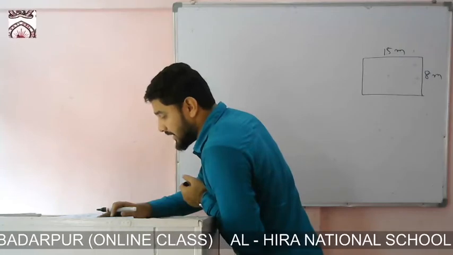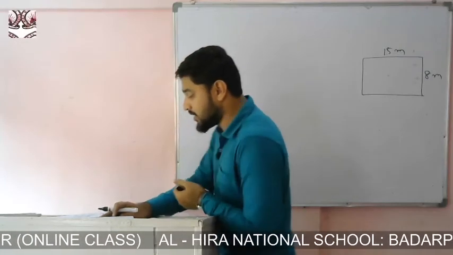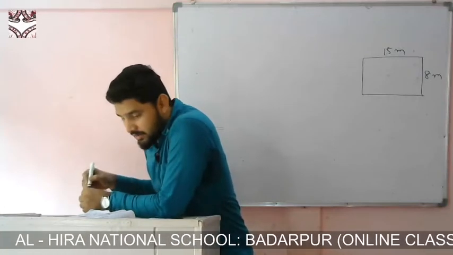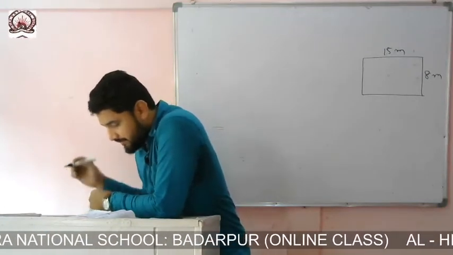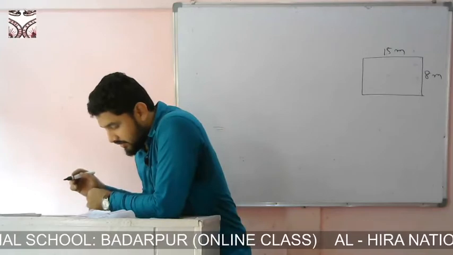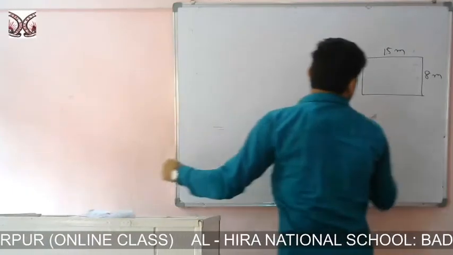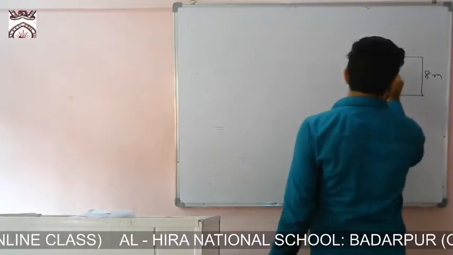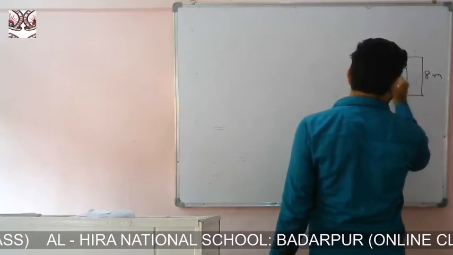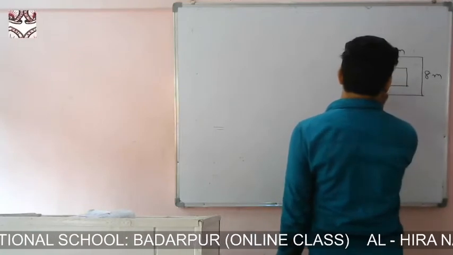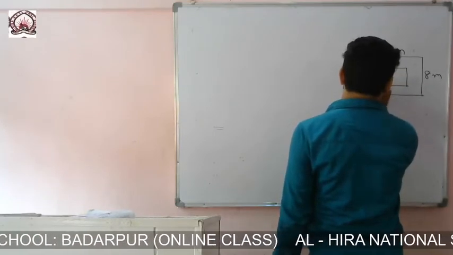If a carpet is laid on the floor, suppose this is the dimension of the carpet. Then this portion is what? 1 meter.